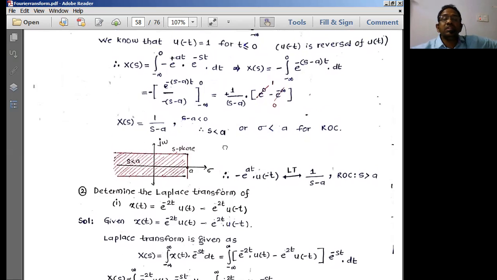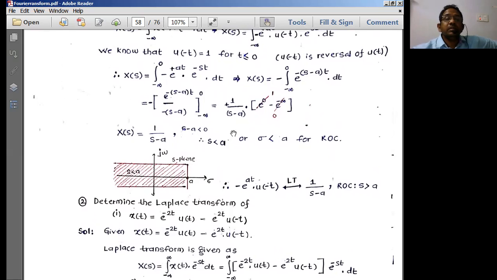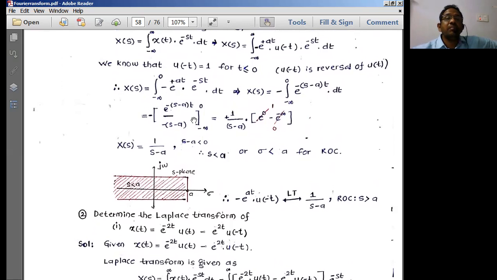Now what about the region of convergence? See here, the limits are minus infinity to 0. That means the t limits are less than 0. So therefore the real part of s minus a should be less than 0.